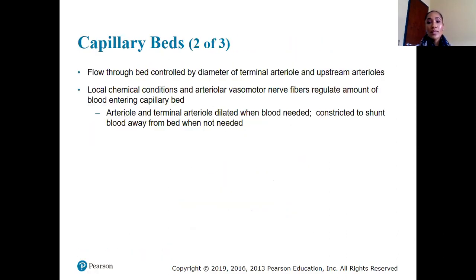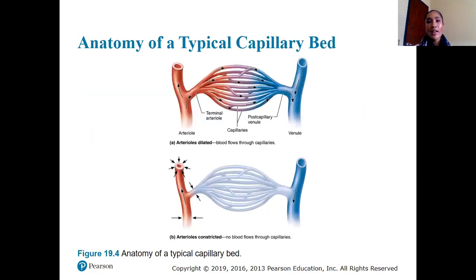Arterioles will dilate when blood is needed. So essentially, when we need blood to flow through the capillary beds, the terminal arterioles will dilate to allow blood to flow through. And then when we don't need any more blood, or not as much blood, to flow through, it will constrict to shunt blood away from the bed so that we don't have too much blood flowing through, or no blood flowing through at all, depending on where the capillary bed is. So here we have an example of our arteriole, our venule, and then our capillary bed.